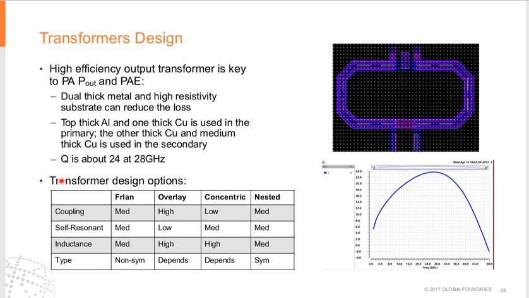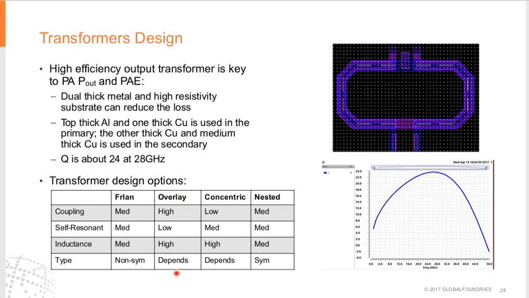And also for the transformer, there are different types of transformer. The first one is a magnetic coupled transformer. For this transformer, the main issue is that it is not symmetrical. As I just explained in the previous slide, for this differential topology, symmetry is very important. So we didn't choose this one. For the second one, the overlapped one, it can have higher coupling, the self-resonance is low, and the inductance is high.